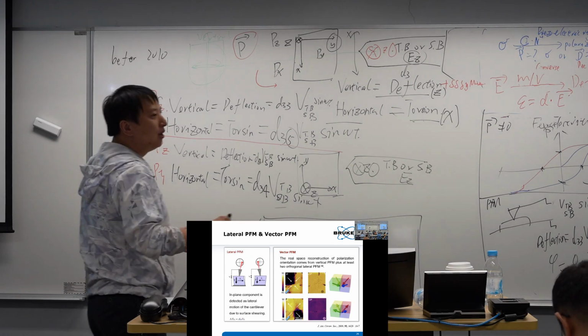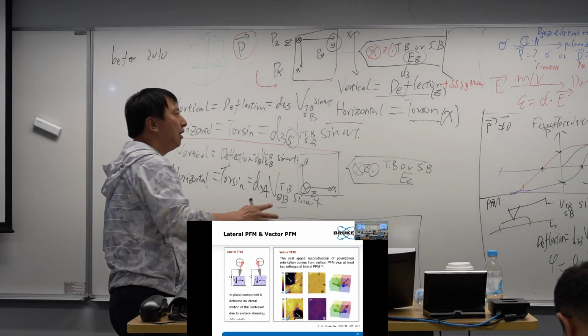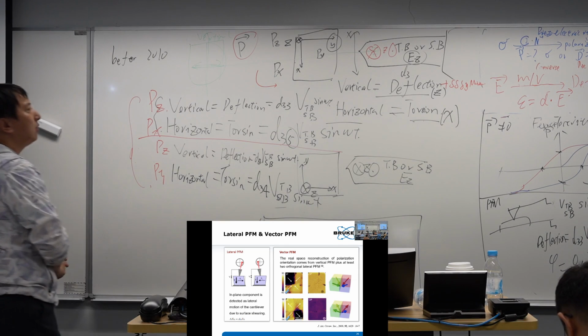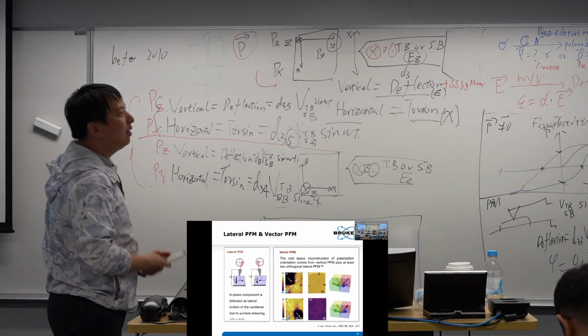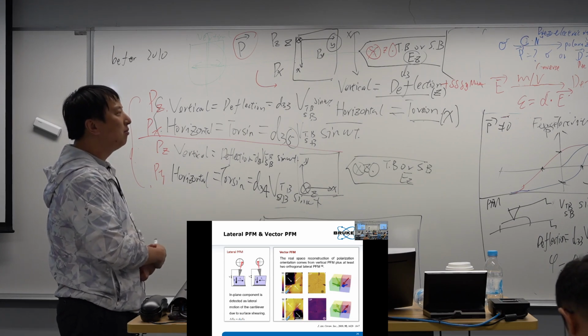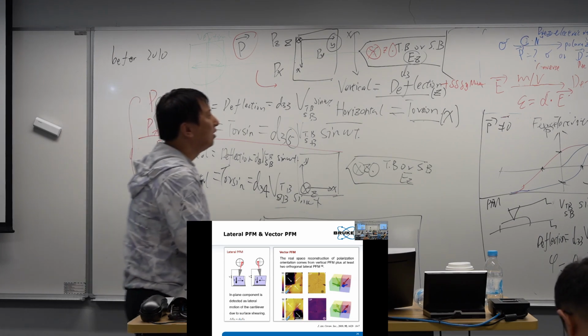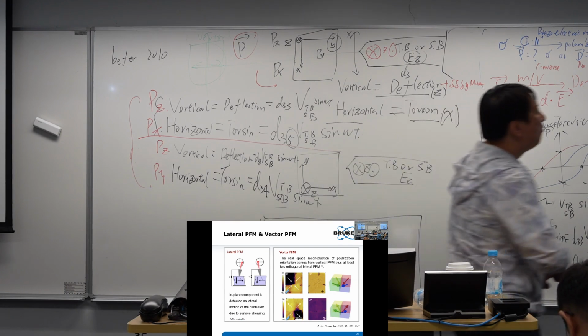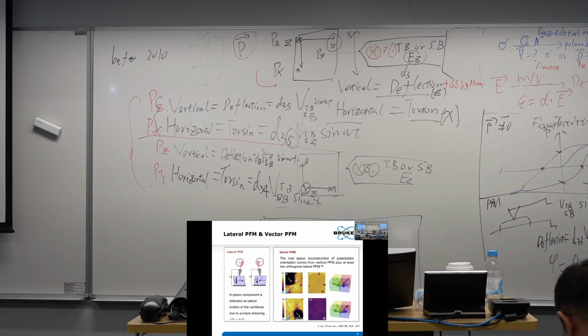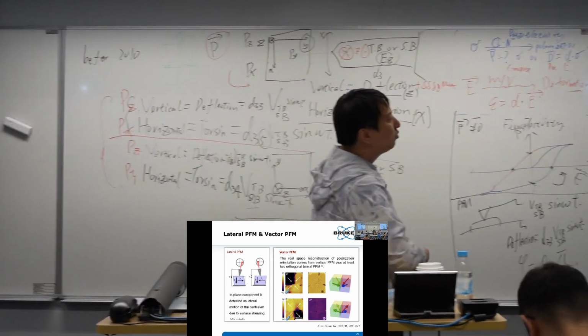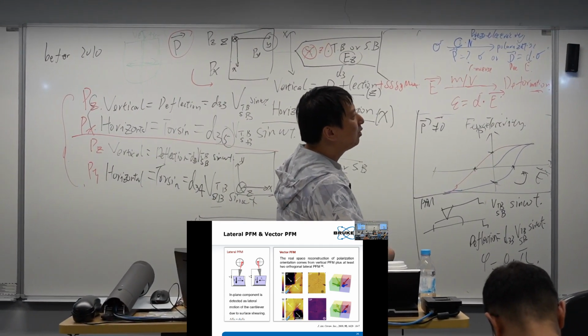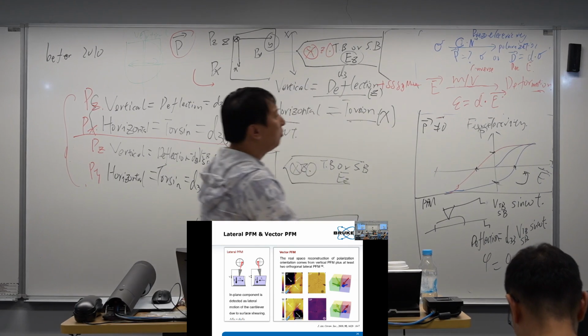But nowadays, the 2D materials are back, and we found that the 2D materials are also ferroelectric. So this work is coming back again and becomes popular. Hopefully they can still get back this kind of vector PFM. But in real experiments, getting this done is relatively difficult and time consuming.